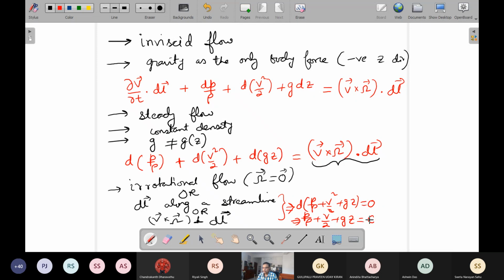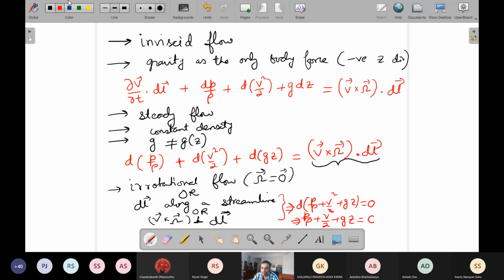Well, the assumptions are quite a few, and it is better that we systematize it and refer to them in the context in which they appeared for deriving it. So the inviscid flow and gravity as the body force along negative z direction, steady flow.